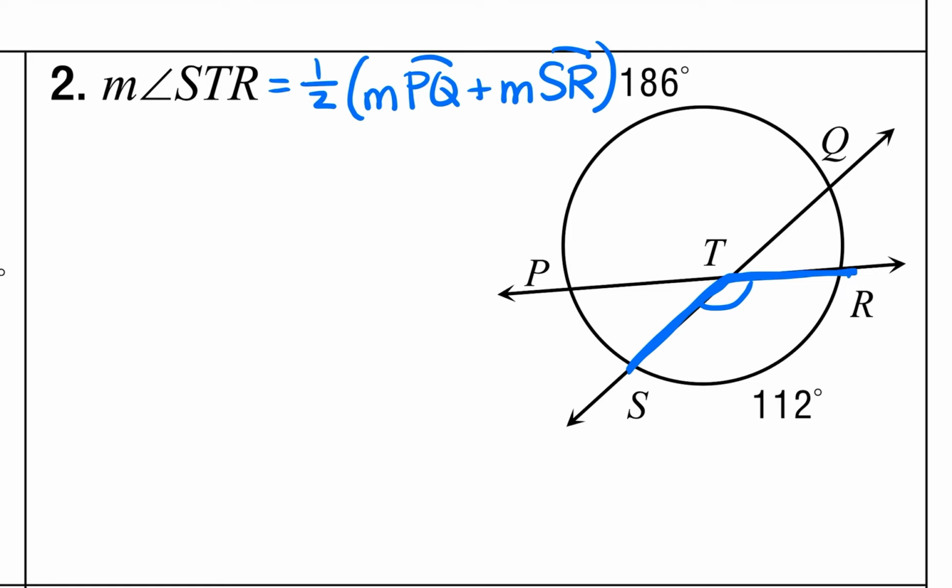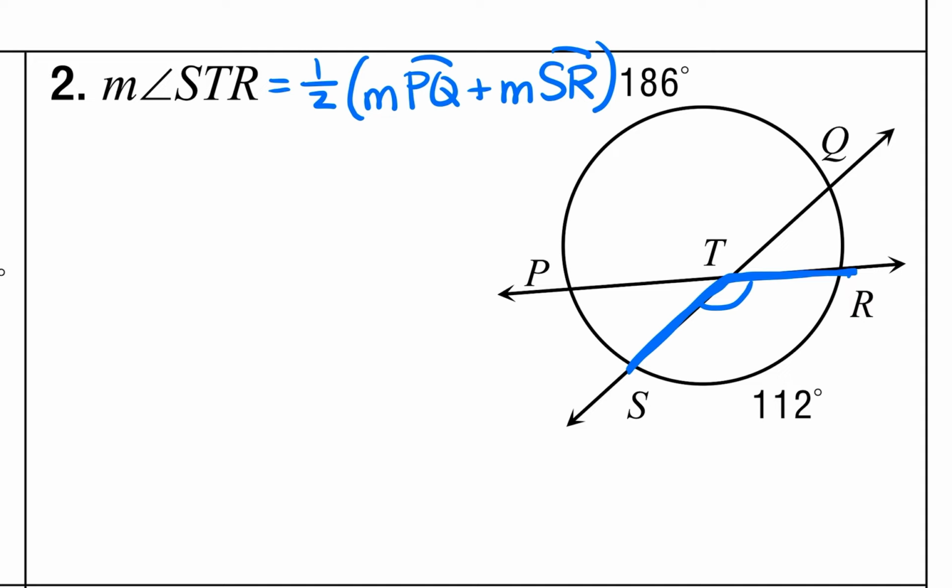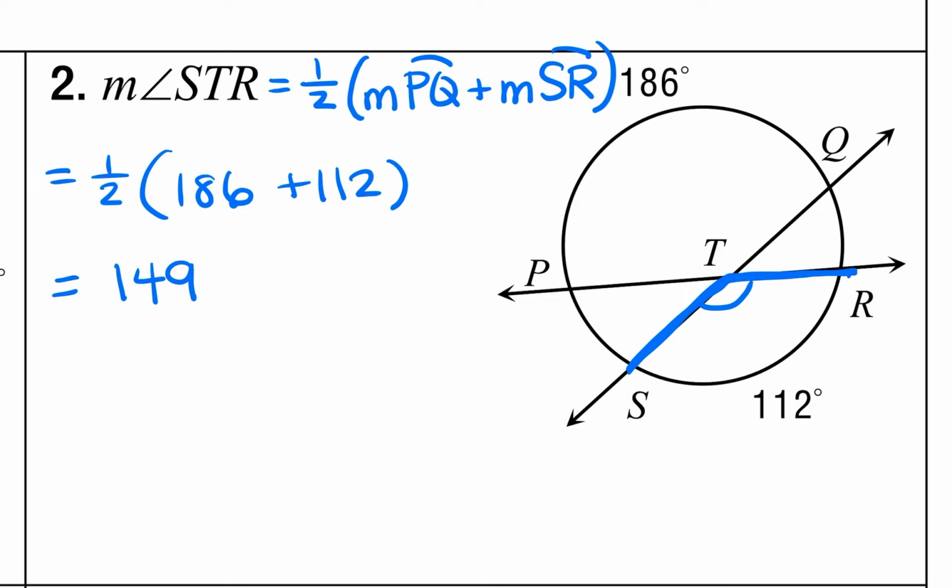So that is this arc plus this arc, and you would have to take a half of that. So that's going to equal 1/2 of 186 plus 112, giving you your final answer of 149 degrees.